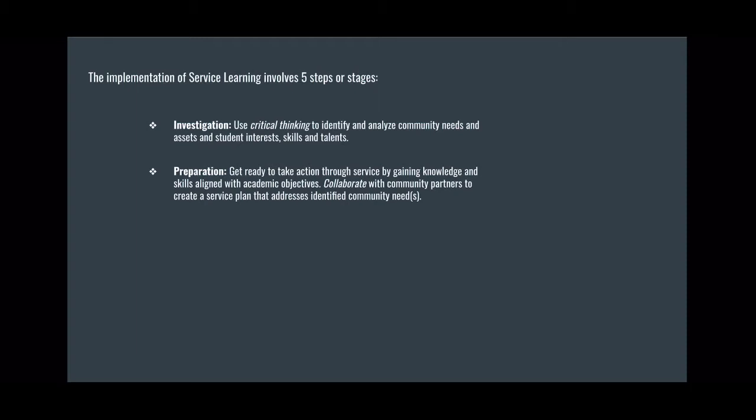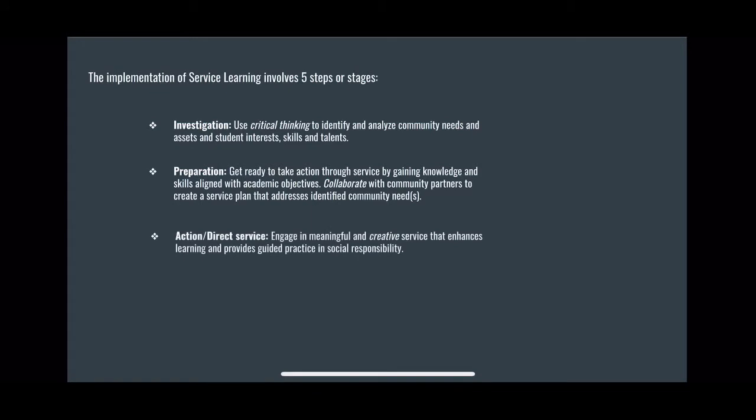Now, once there is a defined plan in place, the class or individual student will engage in a direct service component. And through meaningful and creative service, the student enhances their learning and is provided guided practice and social responsibility. We will discuss some examples of direct service in the next slide.